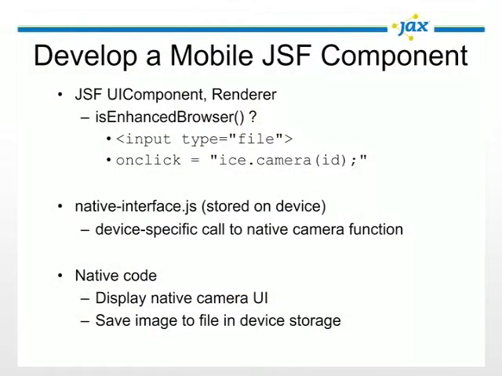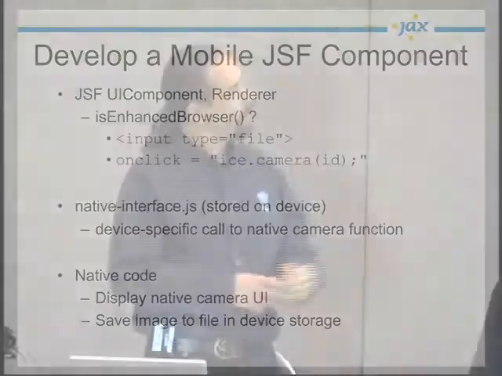Now, you're probably wondering, what is involved in writing a component that has these features? There's a little bit that you need to do. So, as usual for a GSF component, you need to implement the component and a renderer. In your renderer, you'll want to detect whether it's being rendered to an enhanced container that provides JavaScript APIs for device access or not.